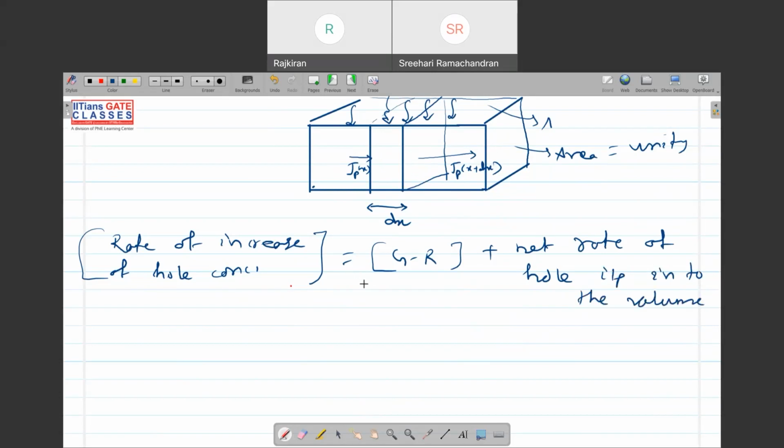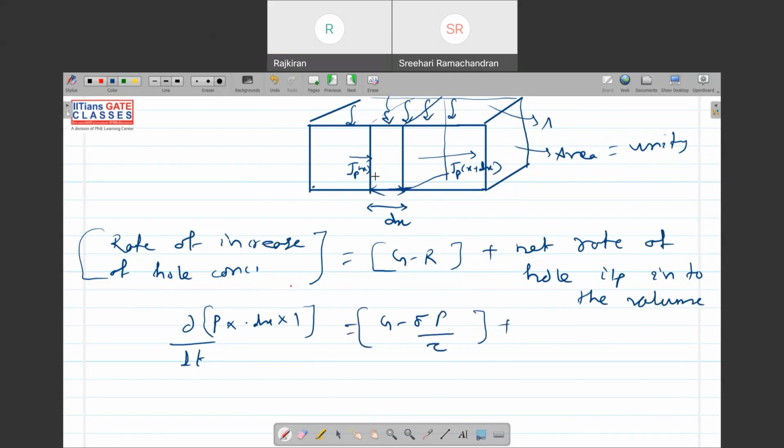If I write mathematically, the net increase of hole concentration is d by dt of the volume. The volume is the concentration into dx, the length, into area, which is unity. This is the rate of increase of holes within this volume. It is equal to generation minus delta p by tau, like earlier, plus there is some current entering.